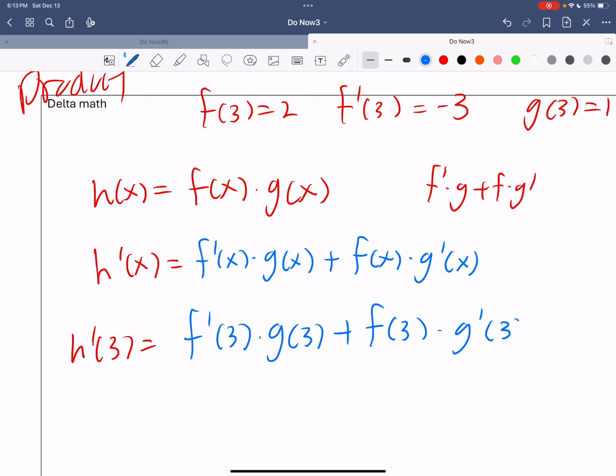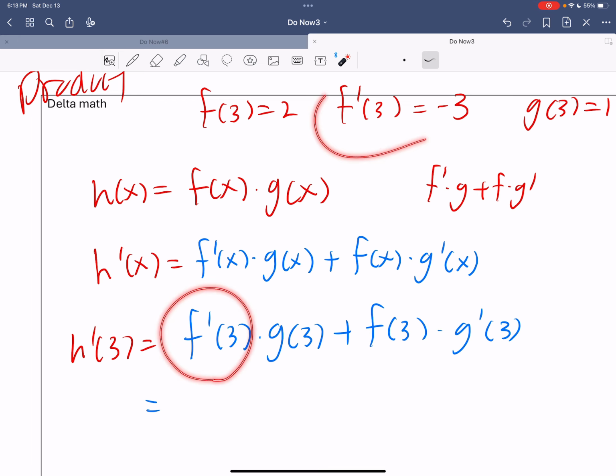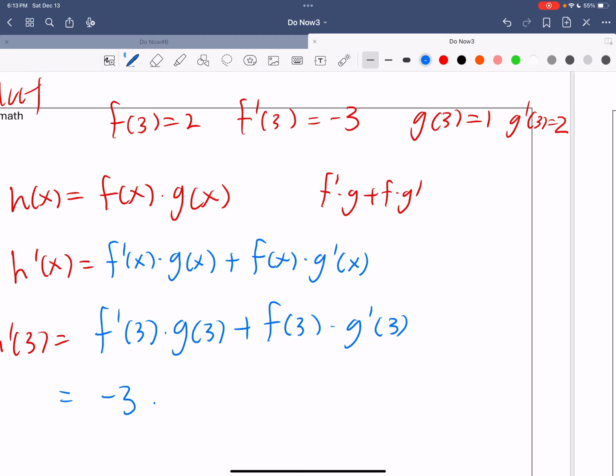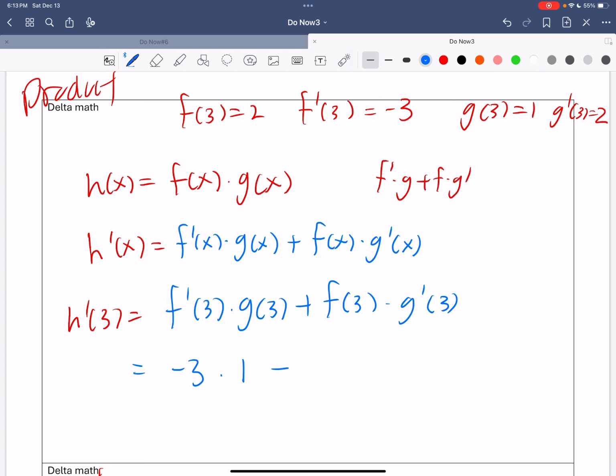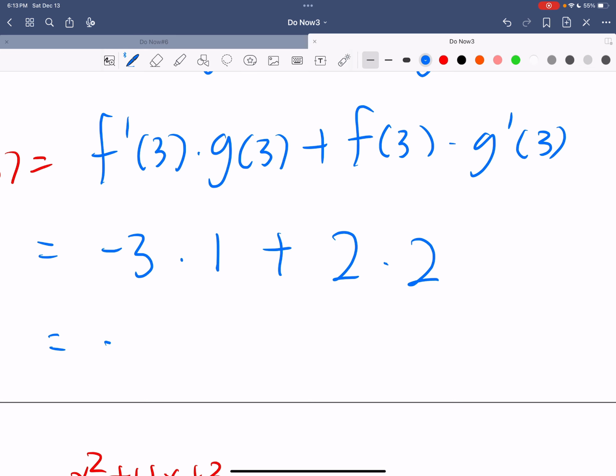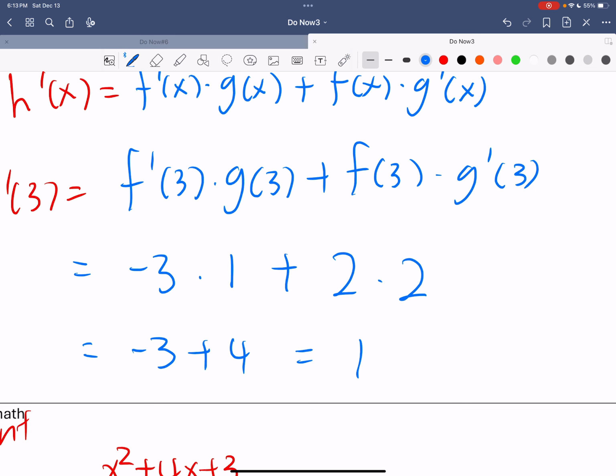We know what these values are. F prime of 3 is equal to negative 3. G of 3, according to this question, is equal to 1. Plus F of 3 is equal to 2, times G prime of 3, which is equal to 2 as well. So it's going to be negative 3 times 1, which is negative 3, plus 2 times 2, which is 4. It's going to become positive 1.